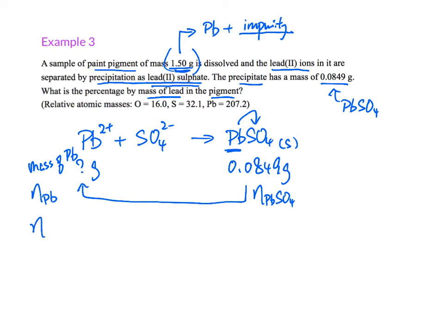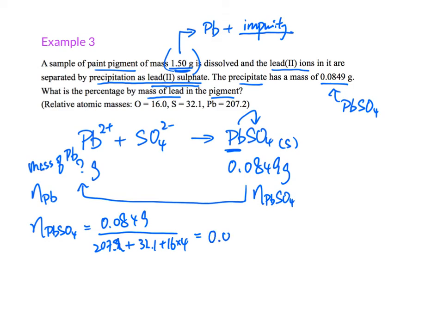So we have PbSO4, the moles would then be 0.0849 over 207.2 plus 32.1 plus 16 times 4, which equals 0.000280 mole.